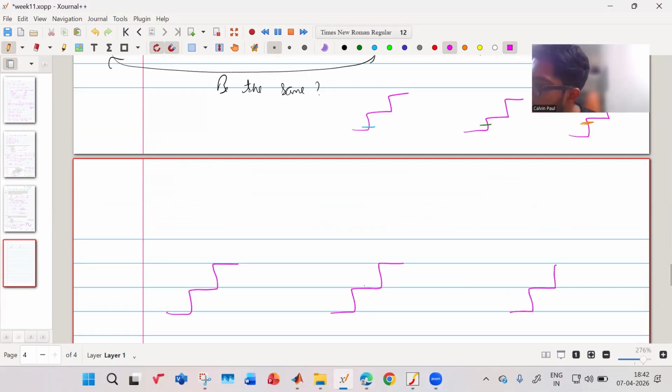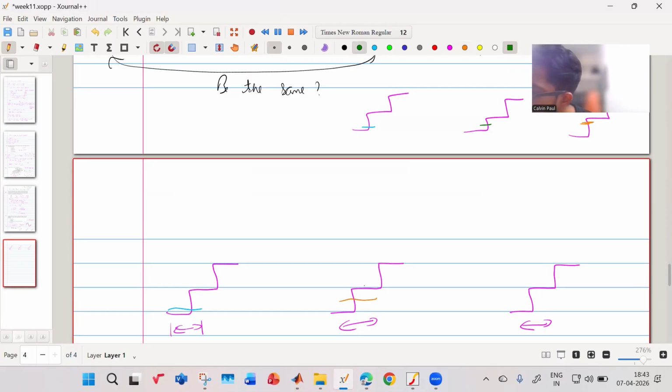They all have the same quantization, between this point and this point in time. In the first case, your actual signal value was somewhere here.